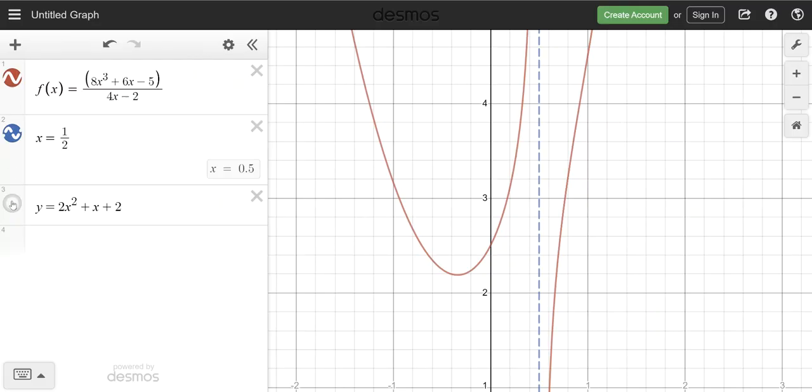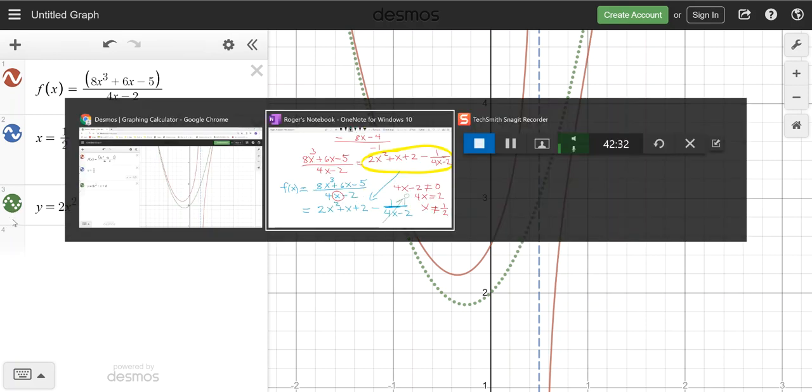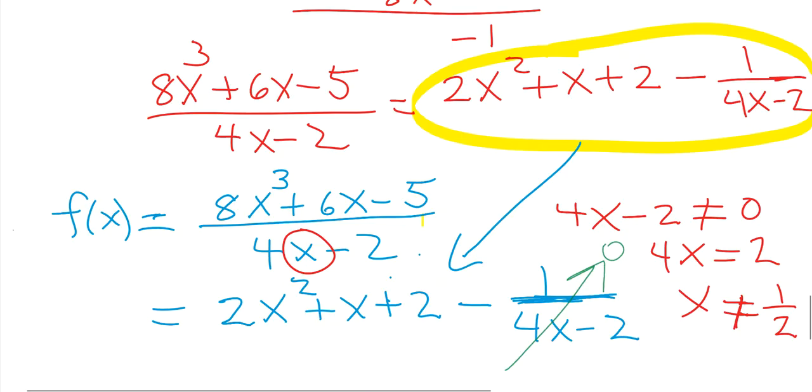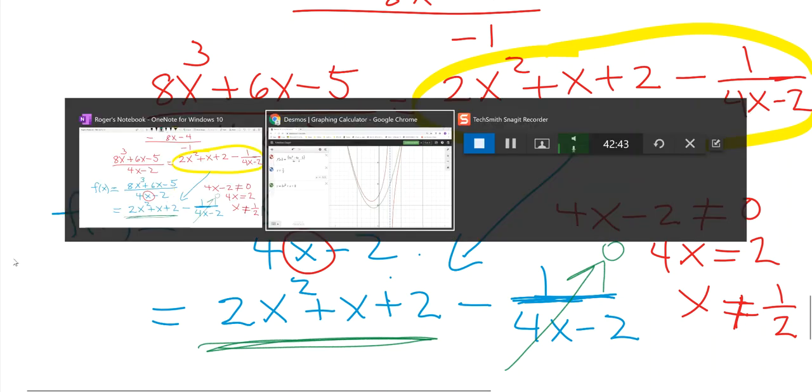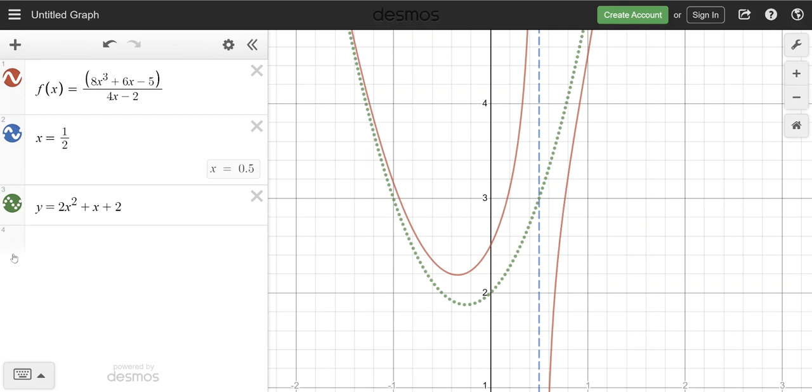It's rather fascinating to watch and to see how this works out. Look at this. So I throw up my green parabola. Is it a parabola? Sure is. This guy right here, 2x squared plus x plus 2, is a quadratic equation. When I throw that up there, there it is in green.